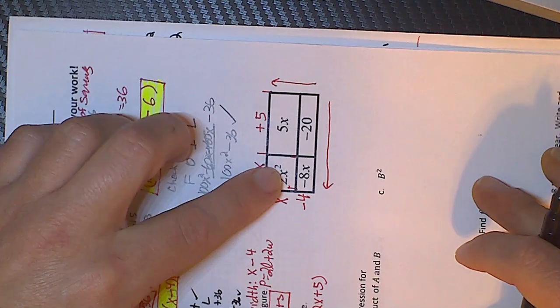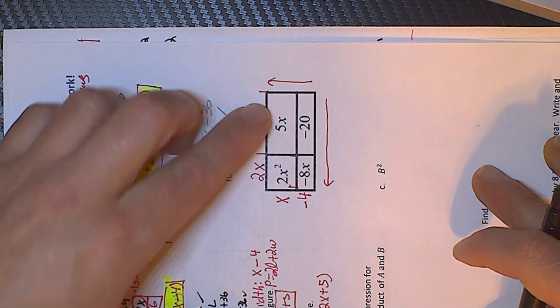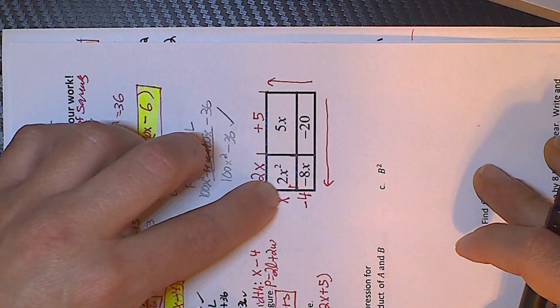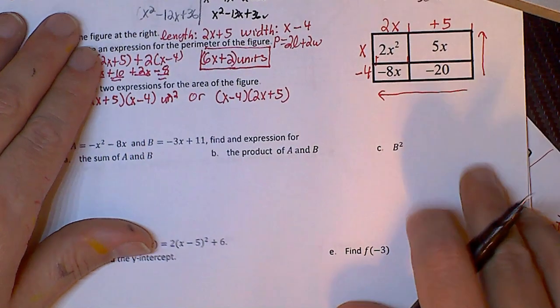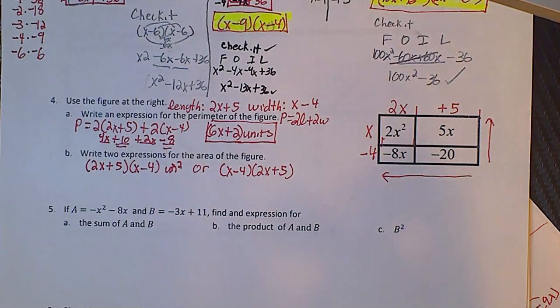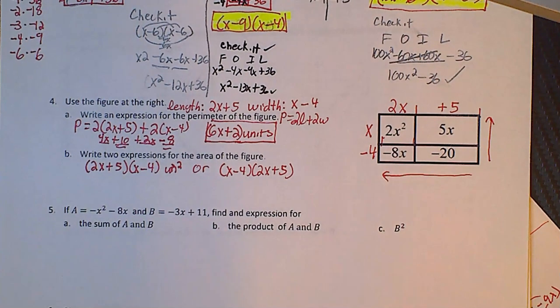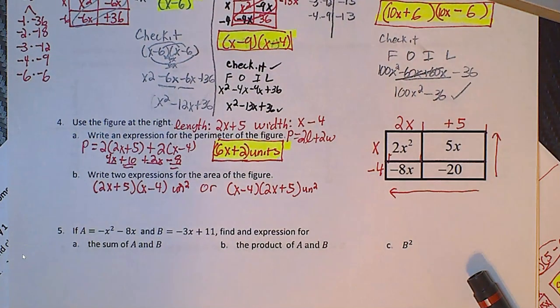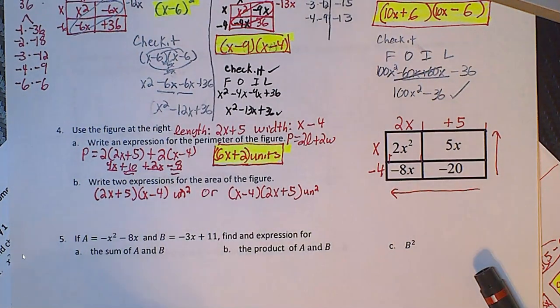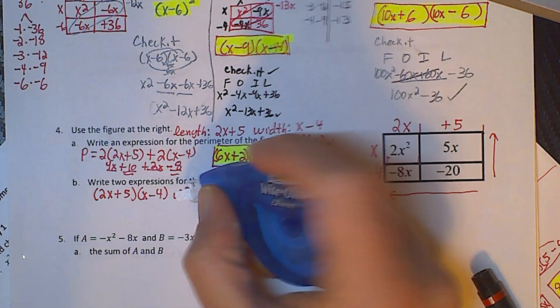If you look at it this way, that could be the width, and that'd be the length. So those are expressions for the area. Let me pause the video and highlight answers for the answer key. For area, I like units squared, but I think that's just going to confuse you.